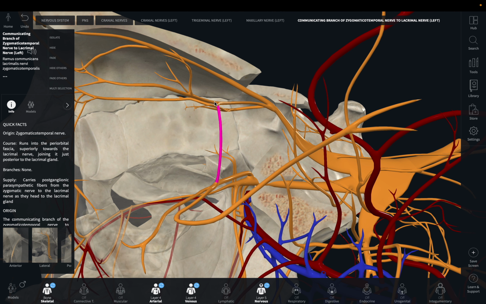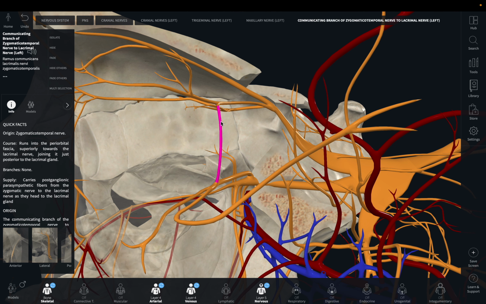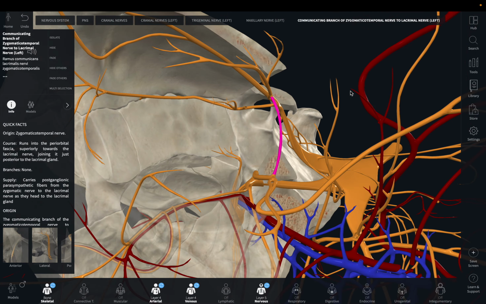Now the lacrimal nerve here from the ophthalmic division of trigeminal provides sensation to the lacrimal gland, but the lacrimal gland receives parasympathetic innervation from the pterygopalatine ganglion through this route. Yeah. And that's it. Thanks for listening.